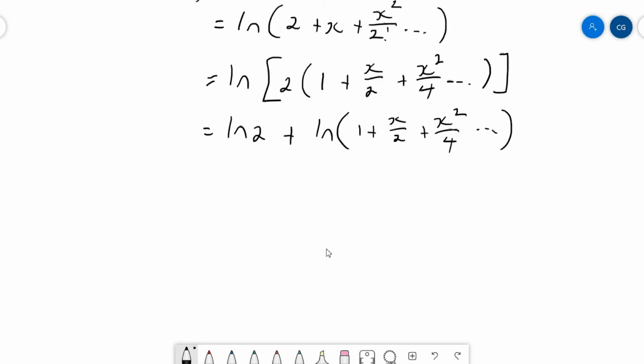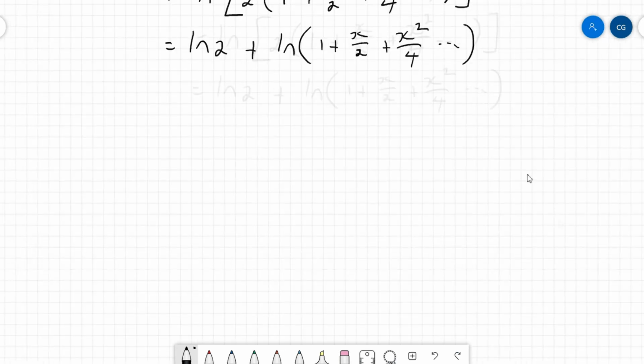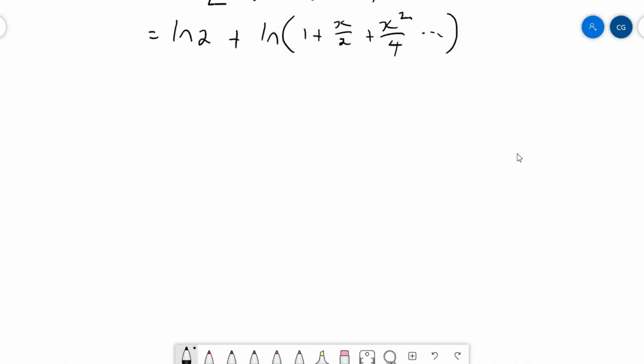All right, let me scroll down slightly just to get some more space. And then let's start expanding this natural log series here. So this is equal to natural log of 2 plus. Now, in this case, for this series, it is ln of 1 plus, and then each one of these. So if we want to use this series expansion, as you'll remember, I can substitute this into x for ln 1 plus x.